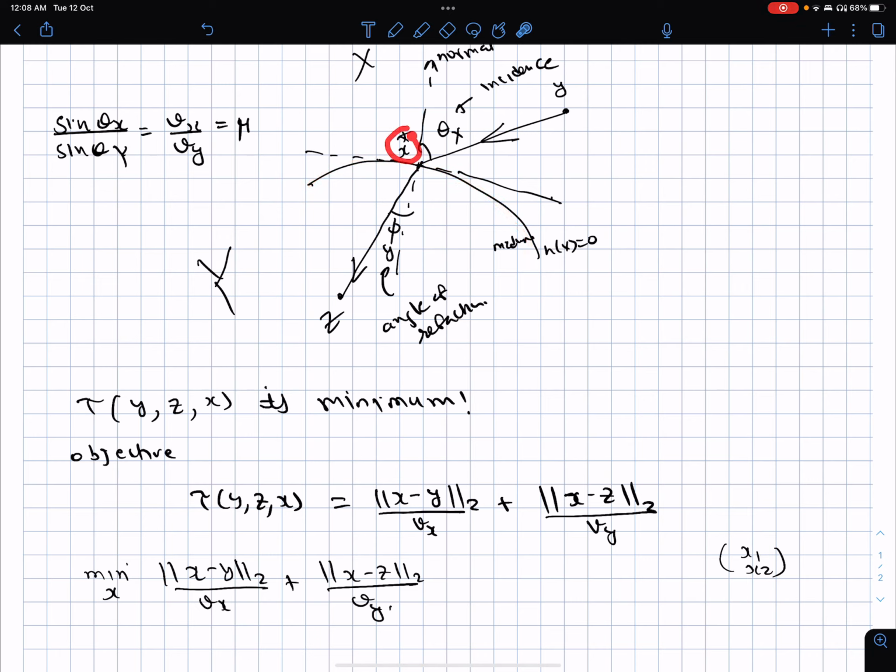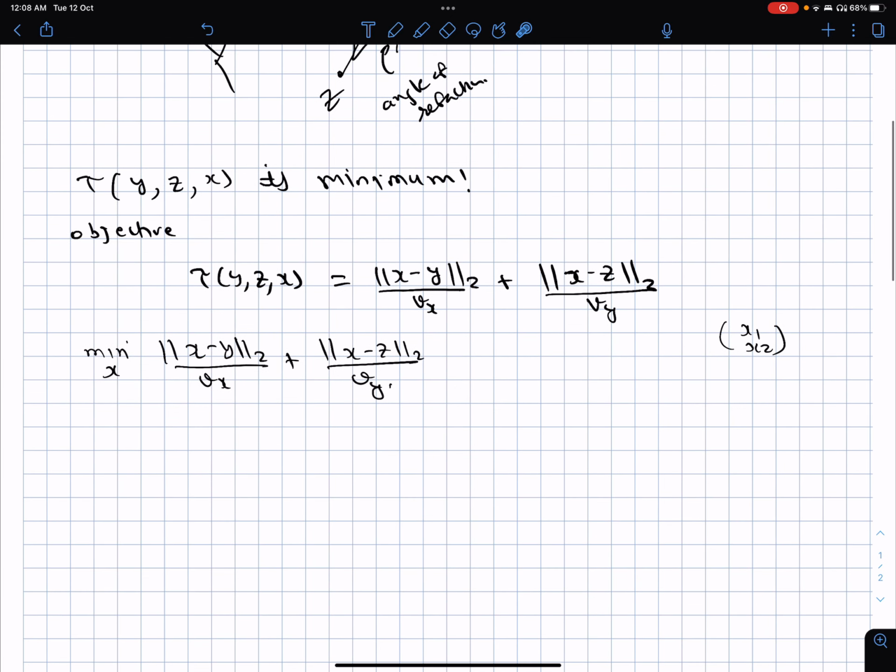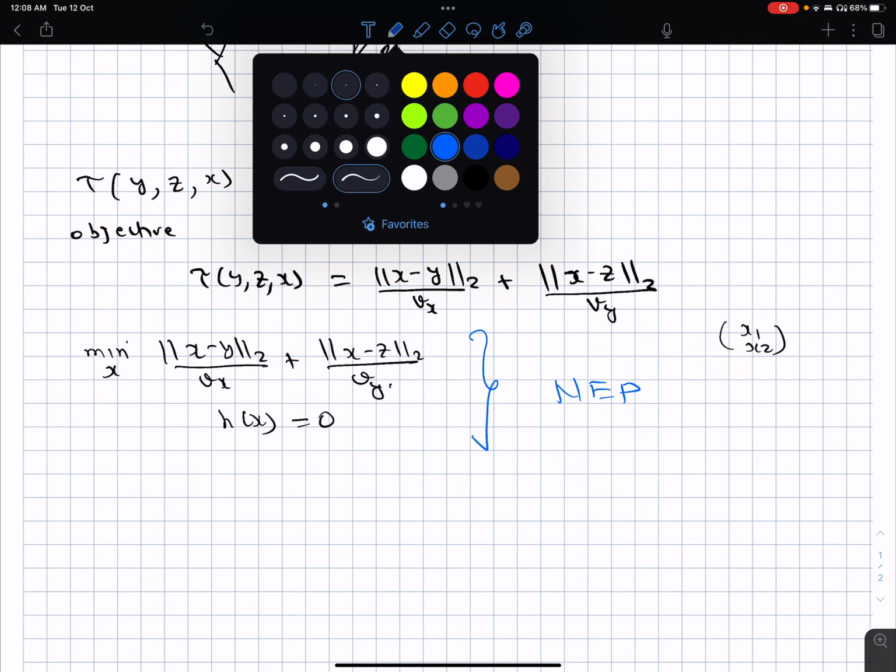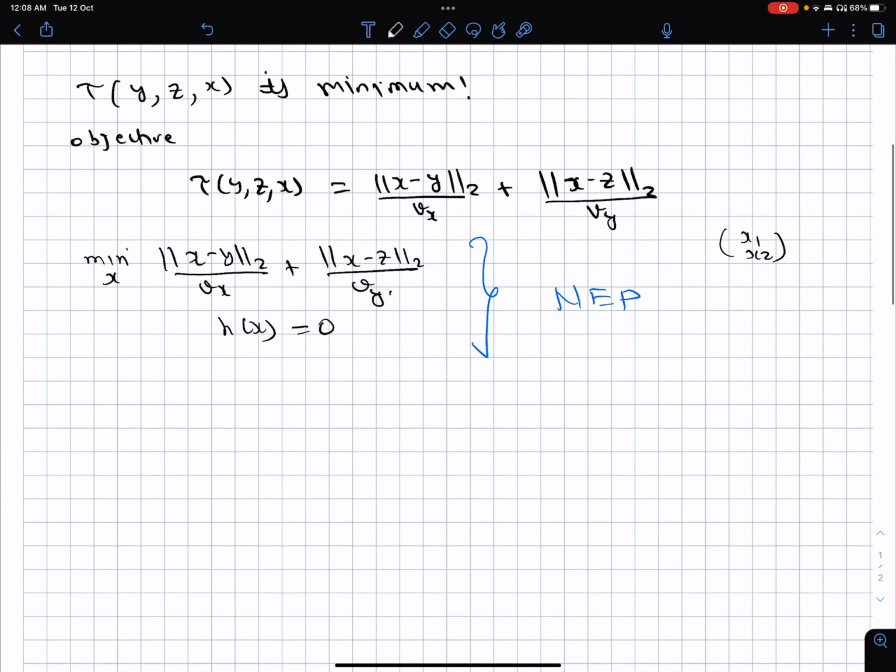So this point x star cannot be somewhere here or somewhere else. It has to be exactly on this surface. Therefore, I need to satisfy the constraint h equal to 0. And now it should be very clear to you that this is indeed an NEP problem.